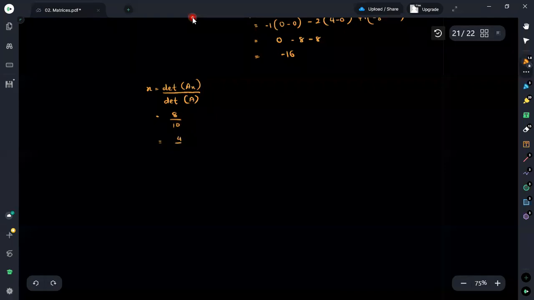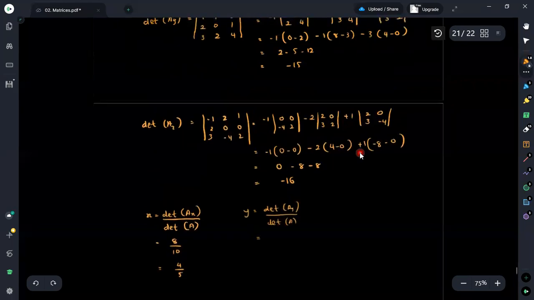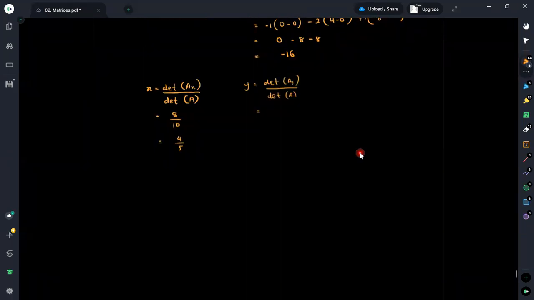It is 4 over 5. Then y can be taken as the determinant of Ay divided by the determinant of A. The value was identified as minus 15, so minus 15 divided by 10 equals minus 3 over 2.